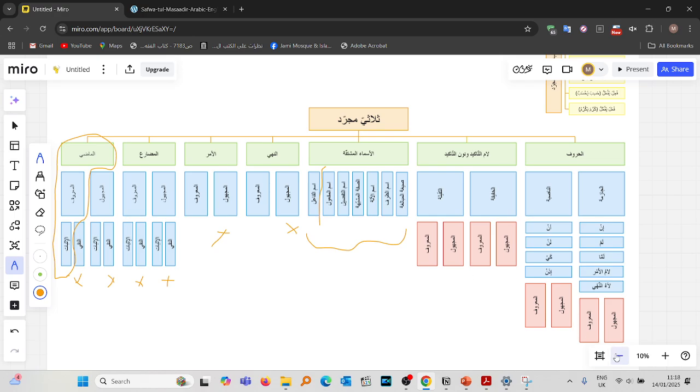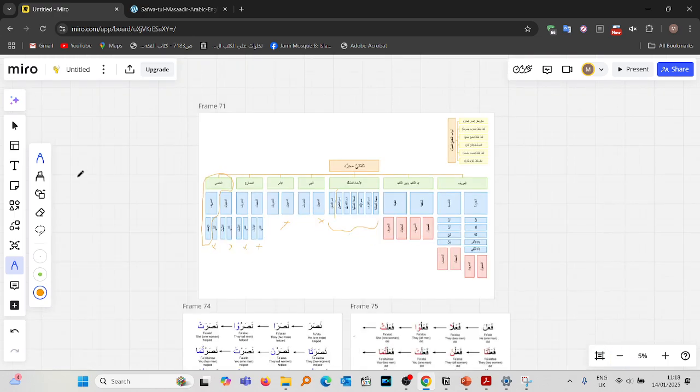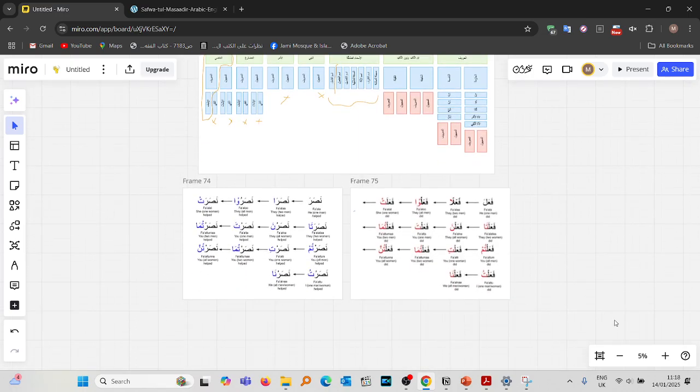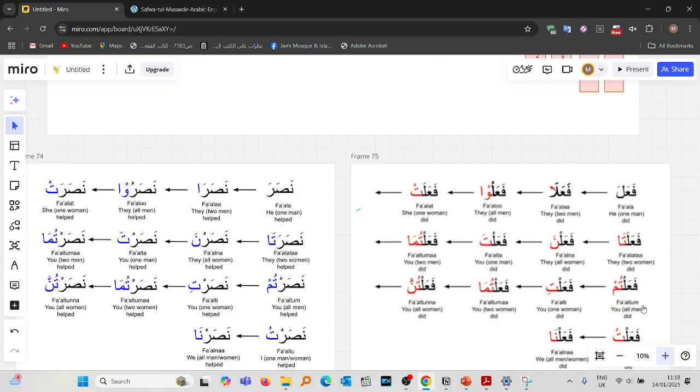that's related to conjugations. Today's lesson, we're going to continue with memorizing conjugations. The last thing we memorized is the fa'ala pattern. فعل فعل فعلوا فعلت فعلتا فعلنا فعلت فعلتما فعلتم فعلتي فعلتما فعلتن فعلت فعلنا.